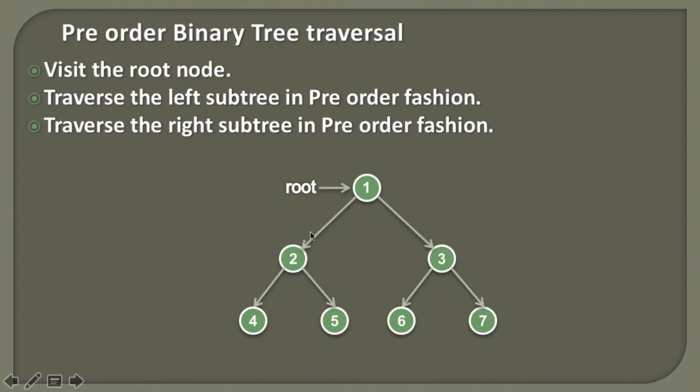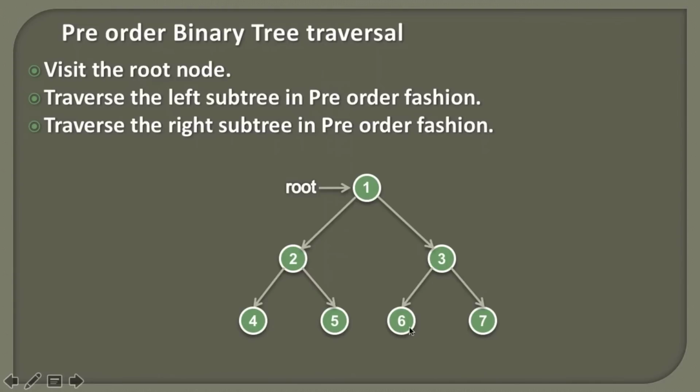As we have visited the left subtree of that, we now will visit the right subtree of the node 1. Then we go to the right subtree of the node 1, and when we reach the node 3, we apply these 3 steps for the node 3. First we visit this node, and then we visit its left subtree, and then we visit its right subtree. After processing the node 3, we go to 6 and we apply these 3 steps.